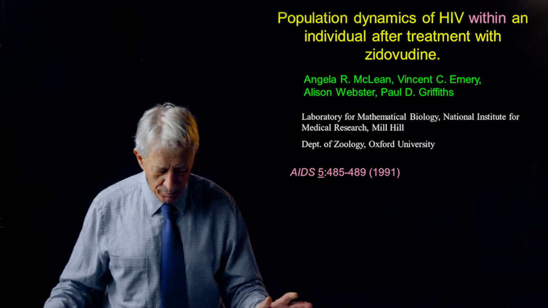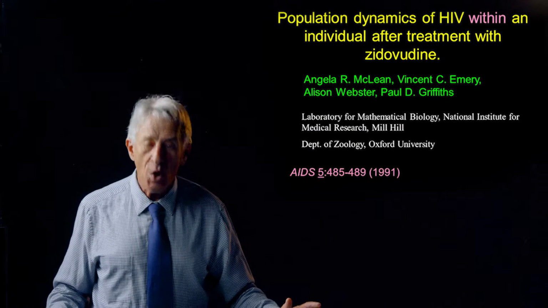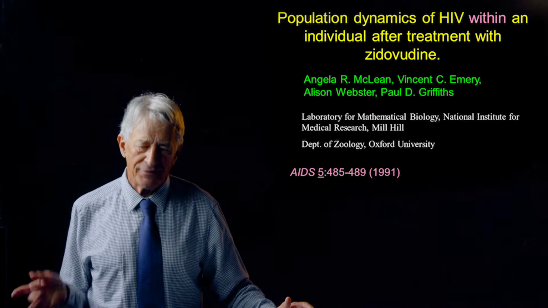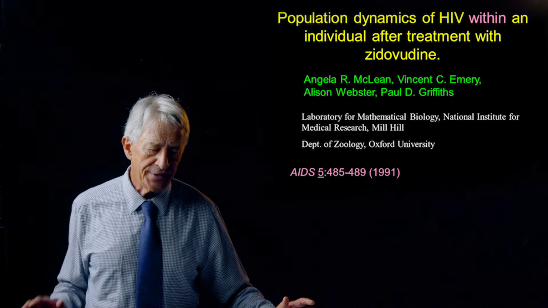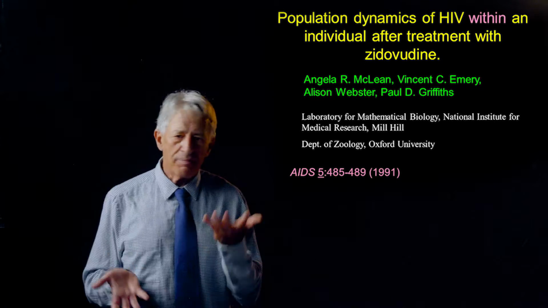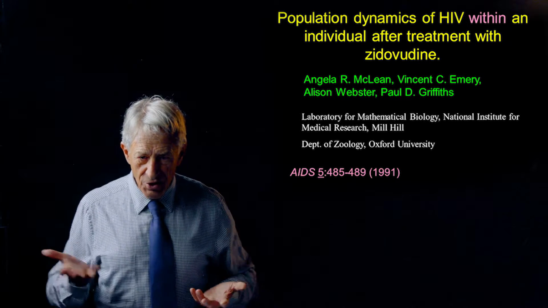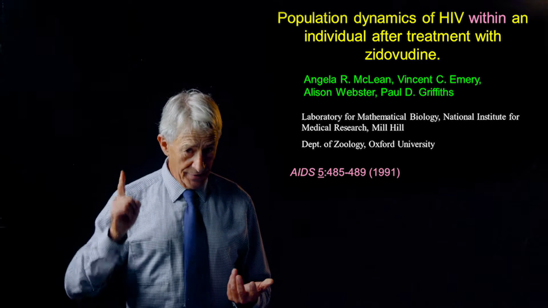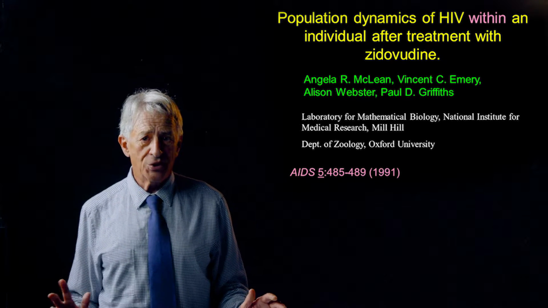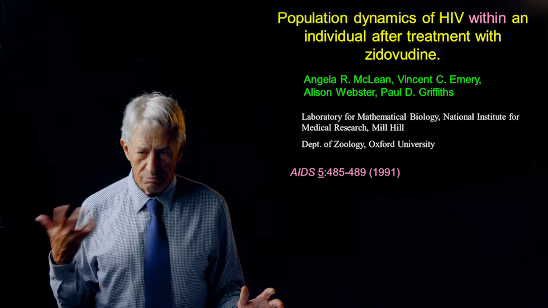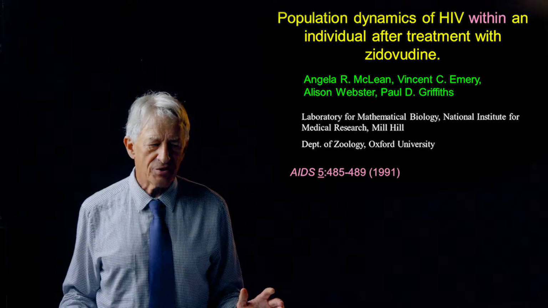So you see the title, Population Dynamics of HIV Within an Individual After Treatment with Zidovudine or AZT. So the idea is you have populations of cells. You have T cells, and now you have another population, which is V for viral particles, virions, as they're called.